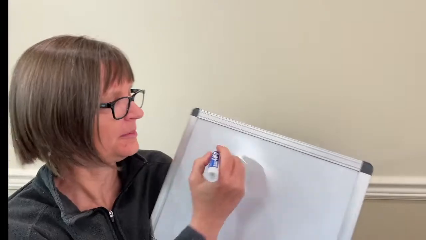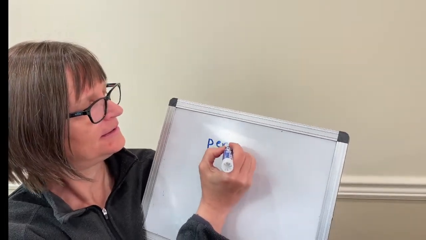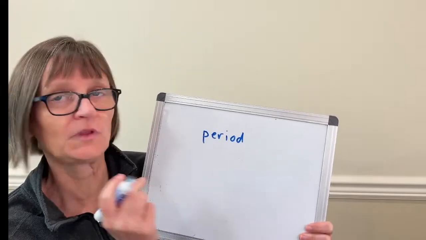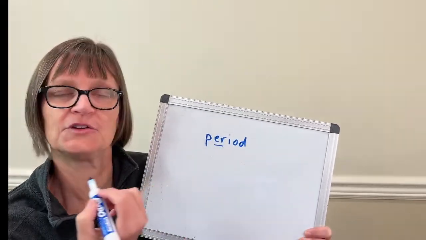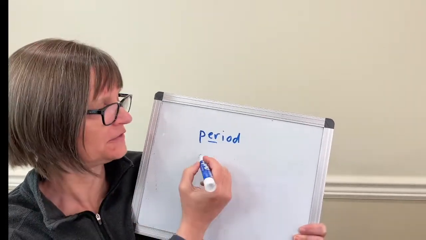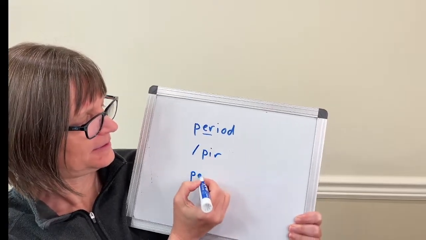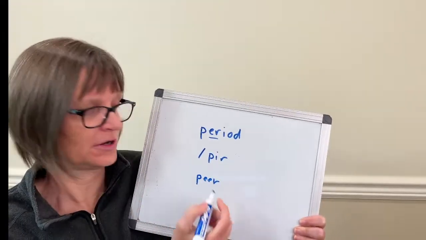Great. Okay, so we have a question about the word period. So that period in history, we have first syllable stress. Letters ER say ear. This is sort of untypical. So thinking about it like he's my peer.